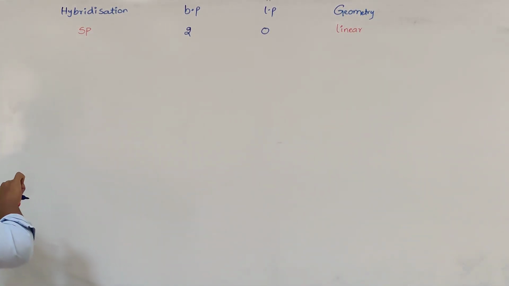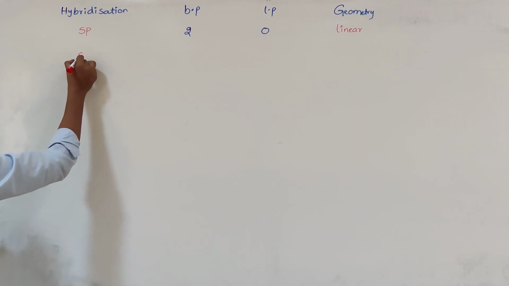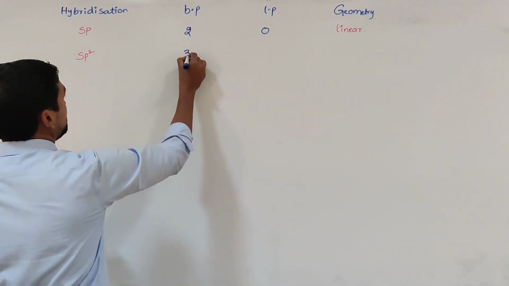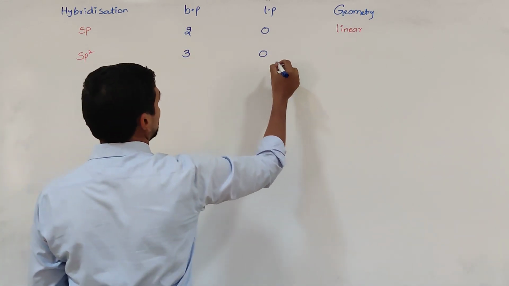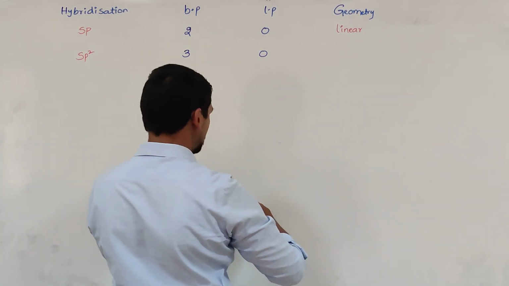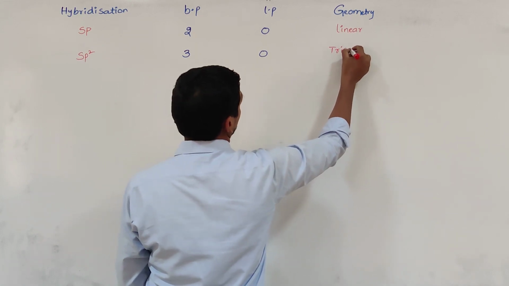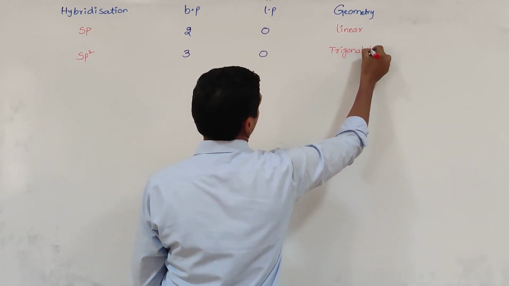Similarly, the next hybridization, sp2, has 3 bond pairs of electrons and 0 lone pairs. The geometry is trigonal planar.